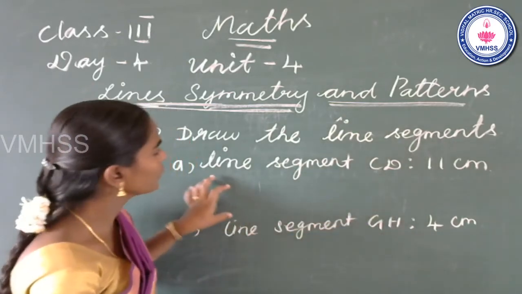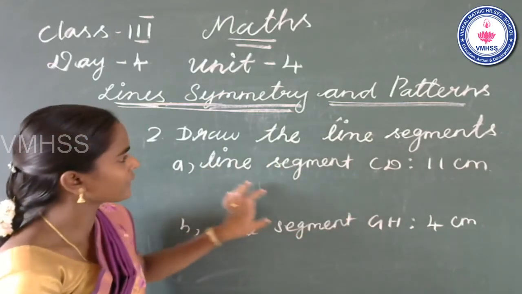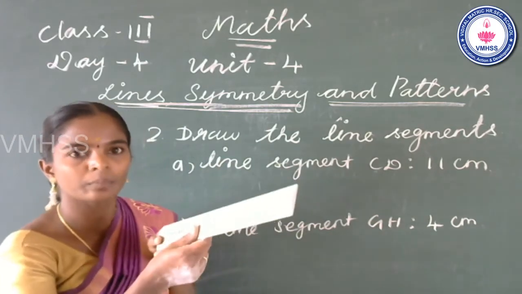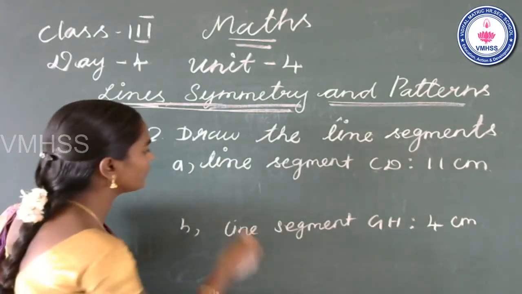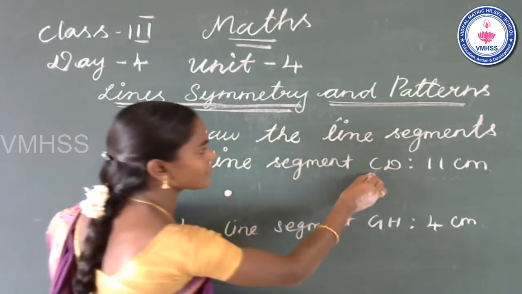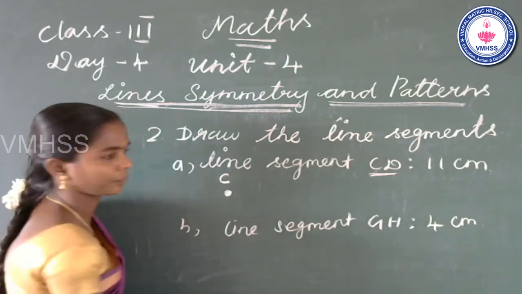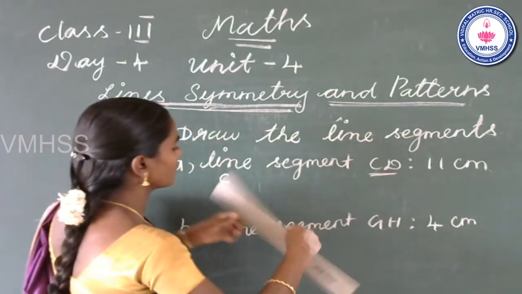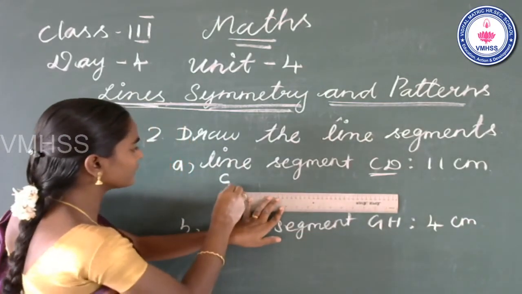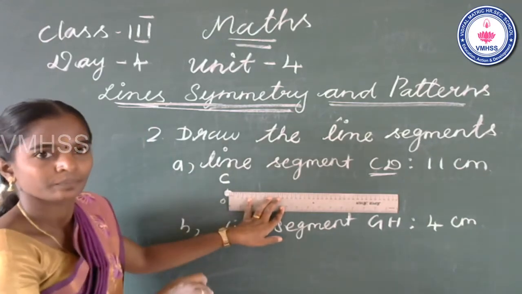Children, now we draw the line segment. So first line segment CD 11 centimeter. First we take the ruler. First mark the point C. So 0 centimeter, this end C is 0 centimeter.